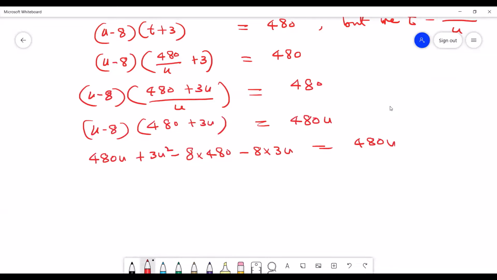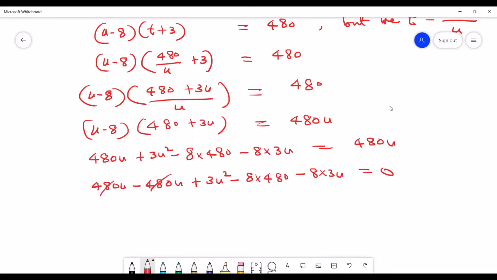Now bring all to the left hand side. Bring this 480u here, so minus 480u plus 3u square minus 8 into 480, then minus 8 into 3u equal to 0.